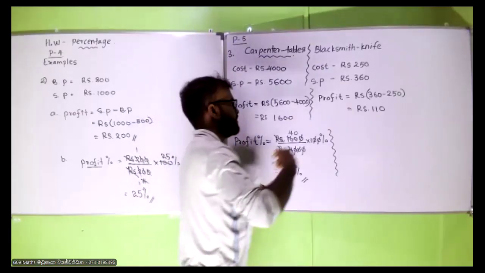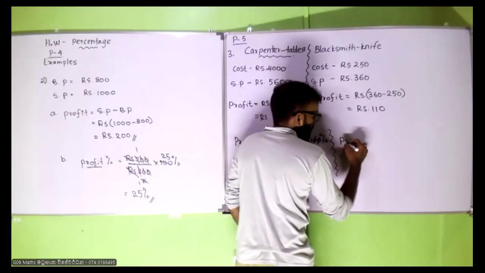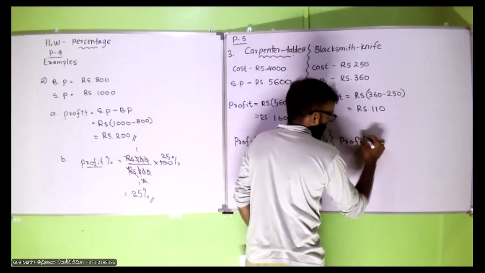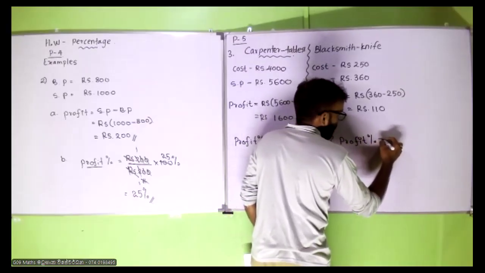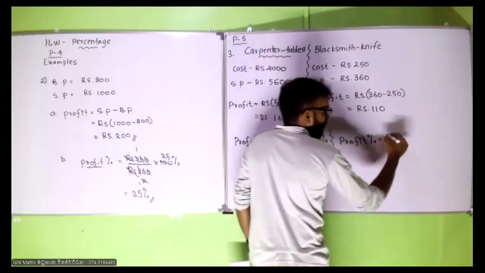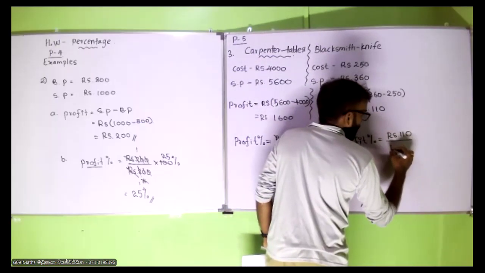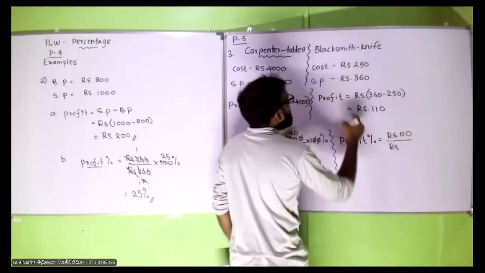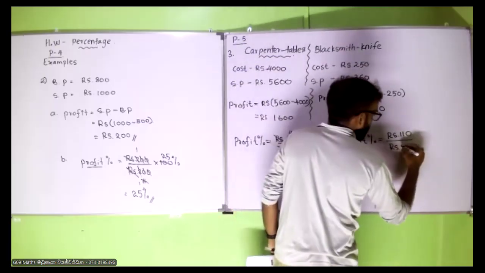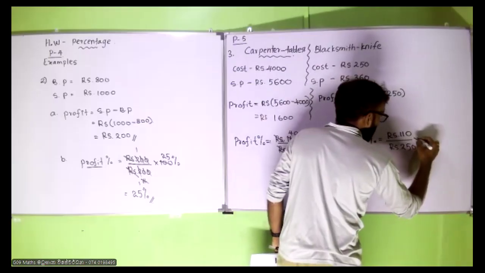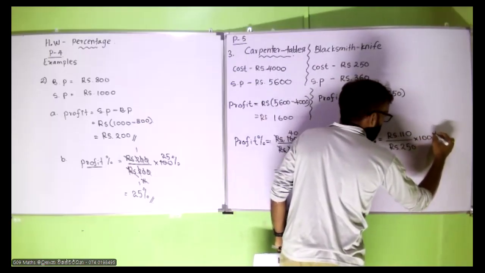So the profit percentage for the blacksmith. You know the profit is 110, and the buying price, or the cost, is 250, multiplied by 100%.